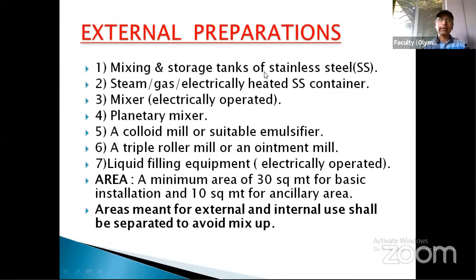For this area, minimum area requirement is 324 square feet or 30 square meter, and you need some ancillary area for heating, for other added functions which will be required for the manufacturing.